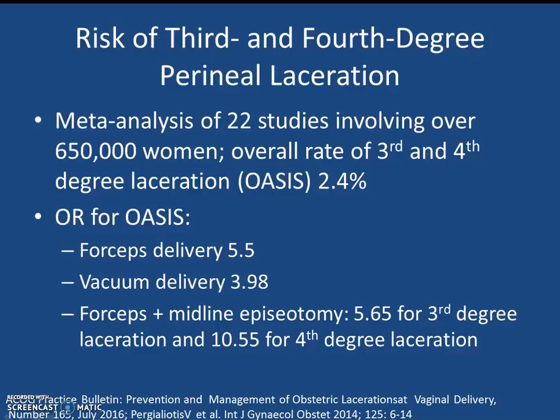For example, forceps delivery had an odds ratio of 5.5, again increasing the risk of this type of laceration. Vacuum delivery had roughly a fourfold increase associated with it of this type of laceration. When you combine forceps plus a midline episiotomy, there was about 5.5 increased risk for a third degree laceration and about 10.5 for a fourth degree laceration.